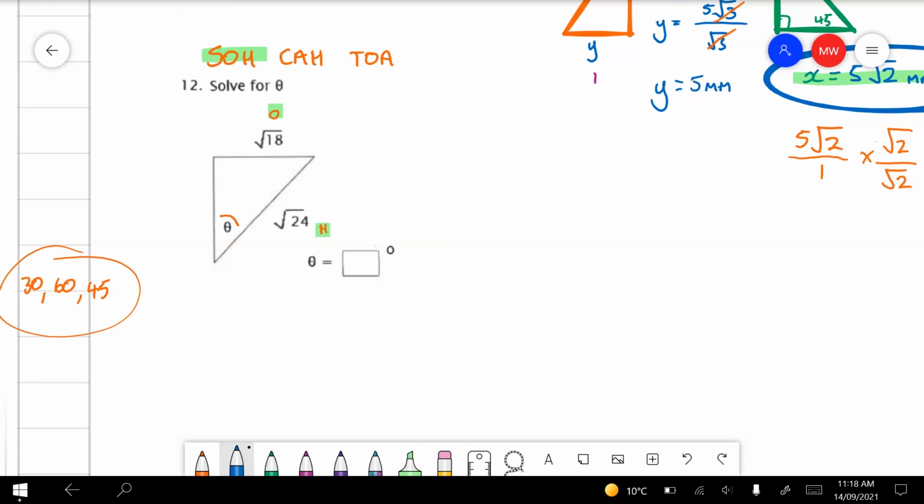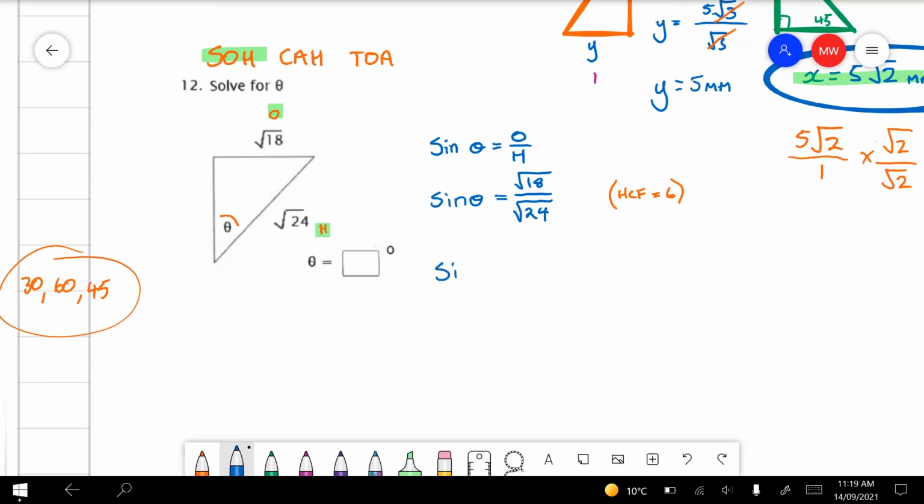So I'd come in here and say, I know that sine theta is going to be the opposite over the hypotenuse. I know that sine theta is going to be the square root of 18 over the square root of 24. I can simplify this a little bit because 18 and 24 have the highest common factor of 6. So let's just write that down just as a side note here. You don't need to write this.